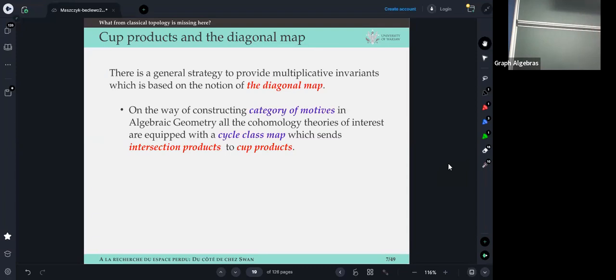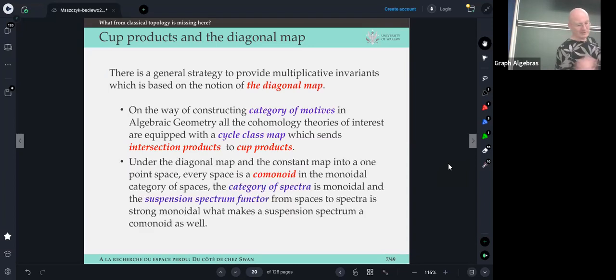Actually, it's like taking a system of equations, and putting equations together means the intersection of sets of solutions. So this intersection product under the cycle class map goes to a multiplicative structure on the level of this cohomology theory, and this is very important.